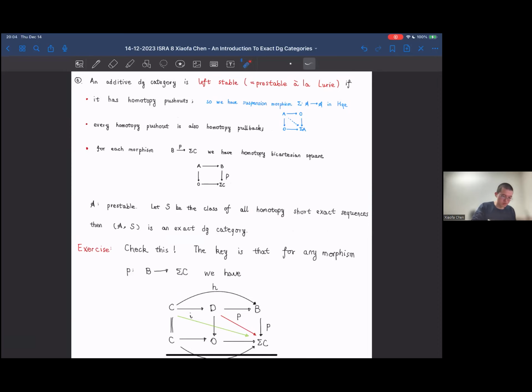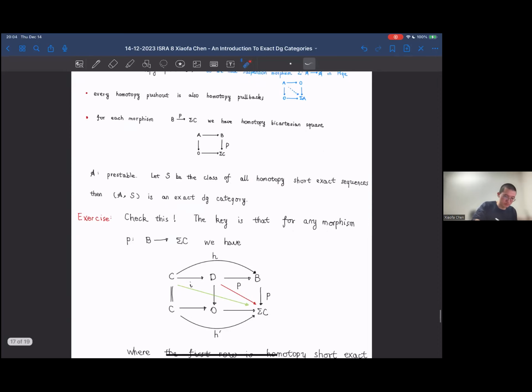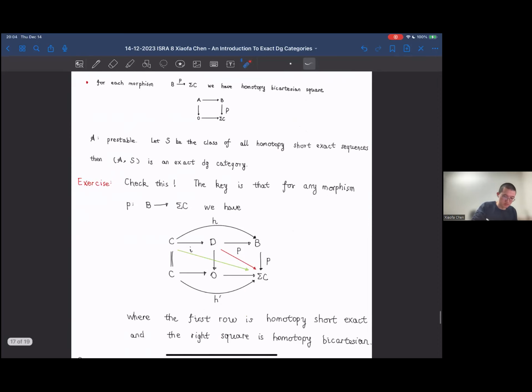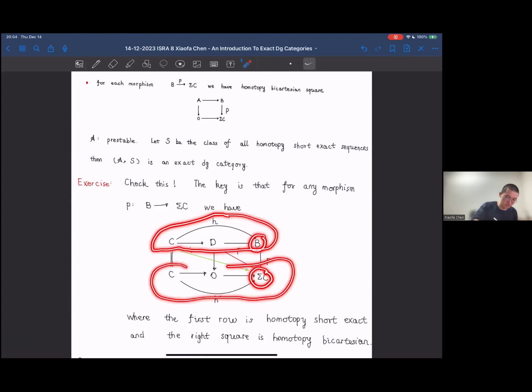Now, the key to prove this is that for any map from B to the suspension of C, we will have such a morphism between homotopy short exact sequences.